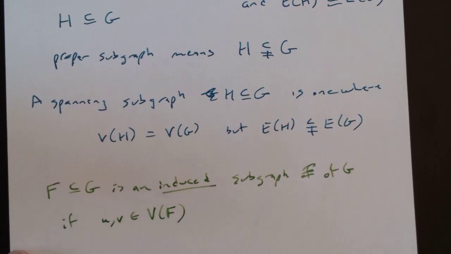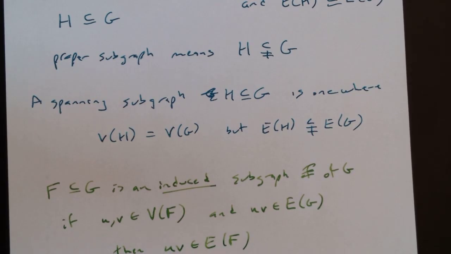So let's suppose we have two vertices that are in the subgraph. I must, if there is an edge between them, keep that edge.